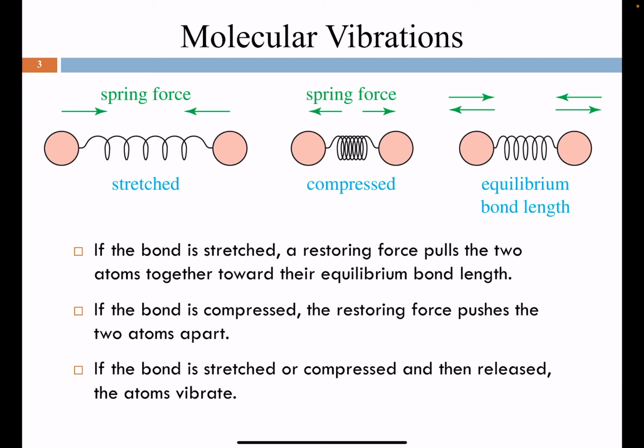Well, we can model them according to two simple masses tethered by a bond, or a spring in this case. So we'll see here on the coming slide that physical models for how a spring oscillates with two different masses on either end can be brought into the theory here for the two atoms tethered by a bond.